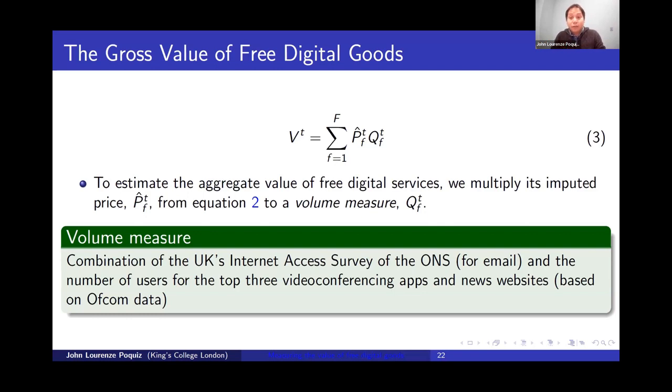So the 2020 figures would not reflect the online behavior during the lockdown. What we use as an alternative is Ofcom data to augment just 2020, since they were able to record how many people are engaged in activities like video conferencing, email, and online news as well.